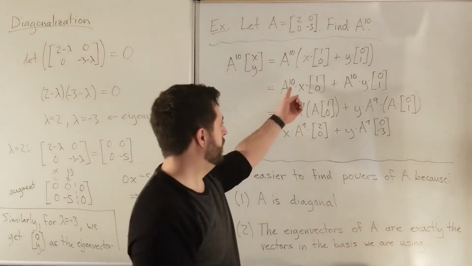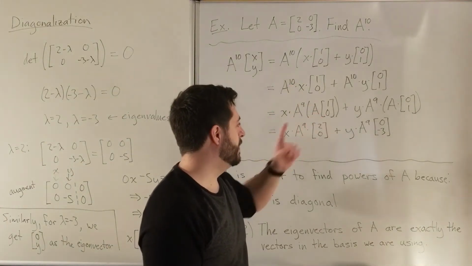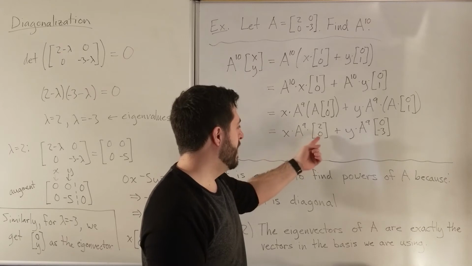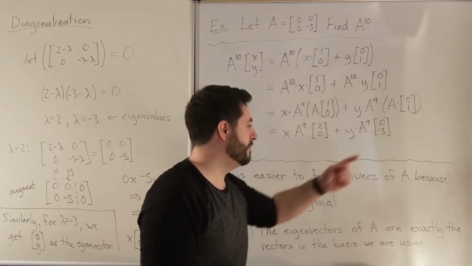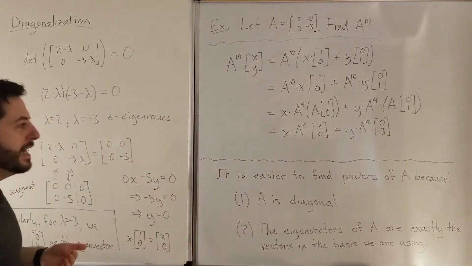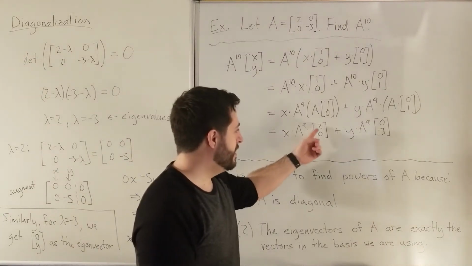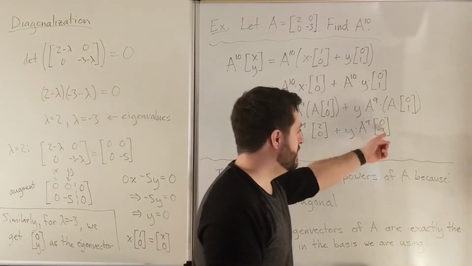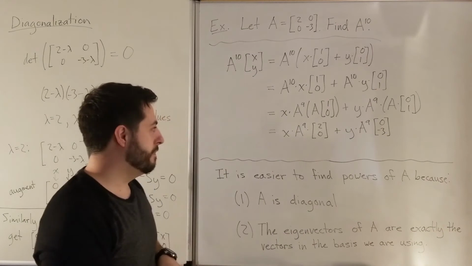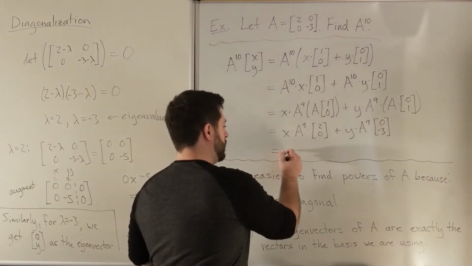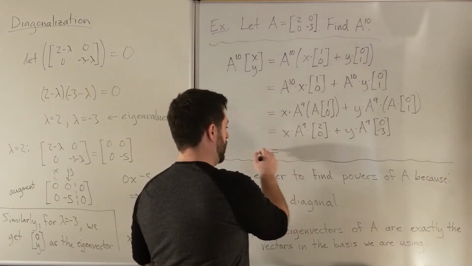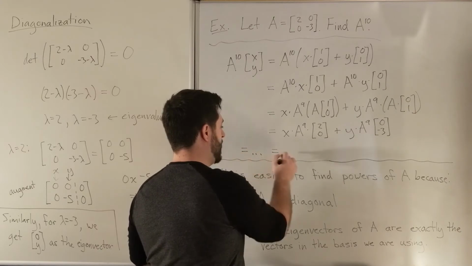And so I pulled off one of these A factors to apply it to the vector that we had, and now I can pull off another one and apply it to these new vectors, and I can keep doing that. Each time these entries will double, and these entries will be multiplied by negative 3. So what we're going to end up with, dot, dot, dot.